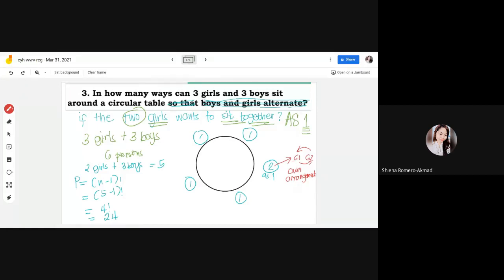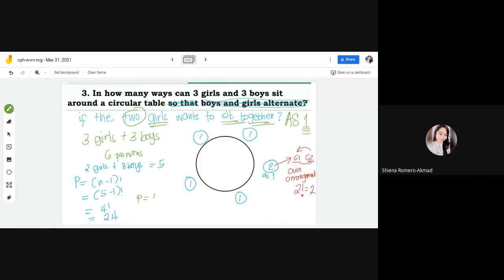Their arrangement is 2 factorial, which is equal to 2. So we multiply that 2 factorial to get the correct answer.